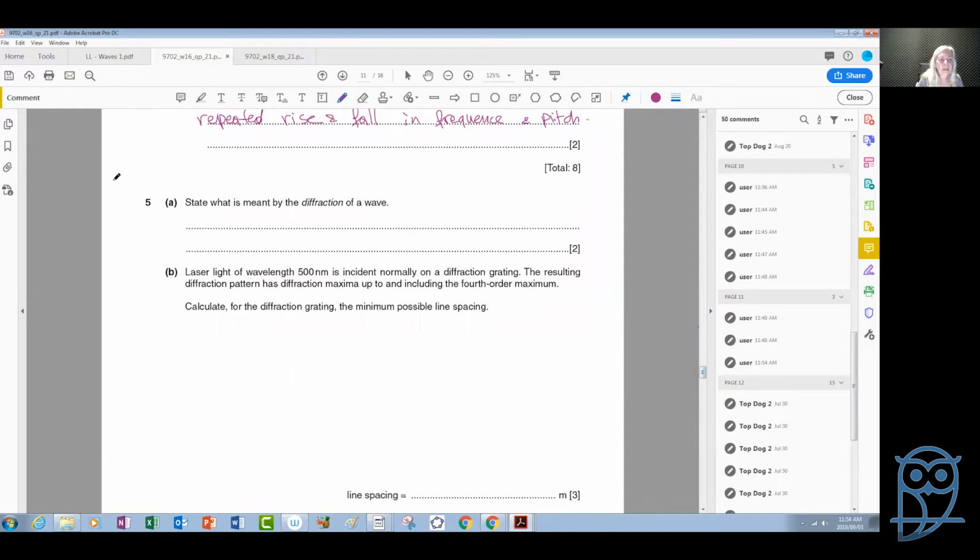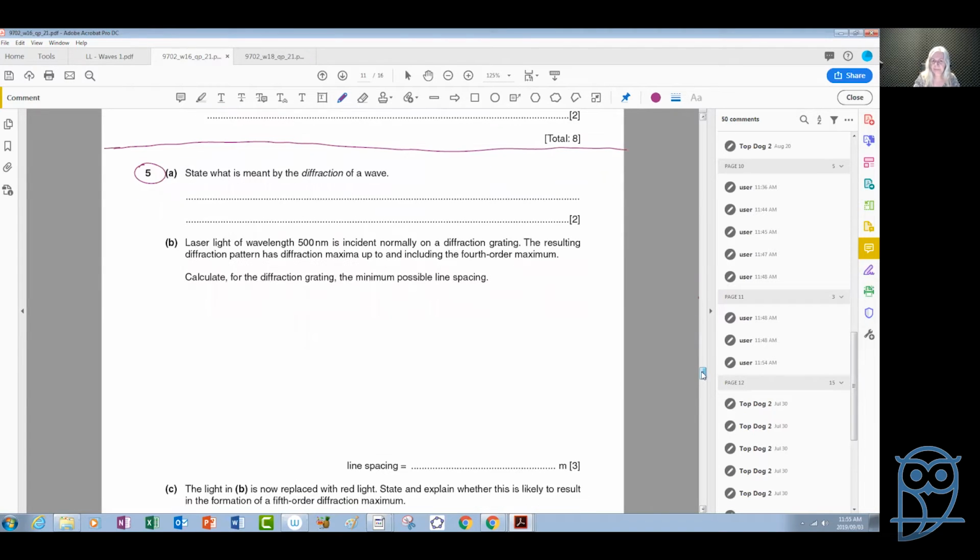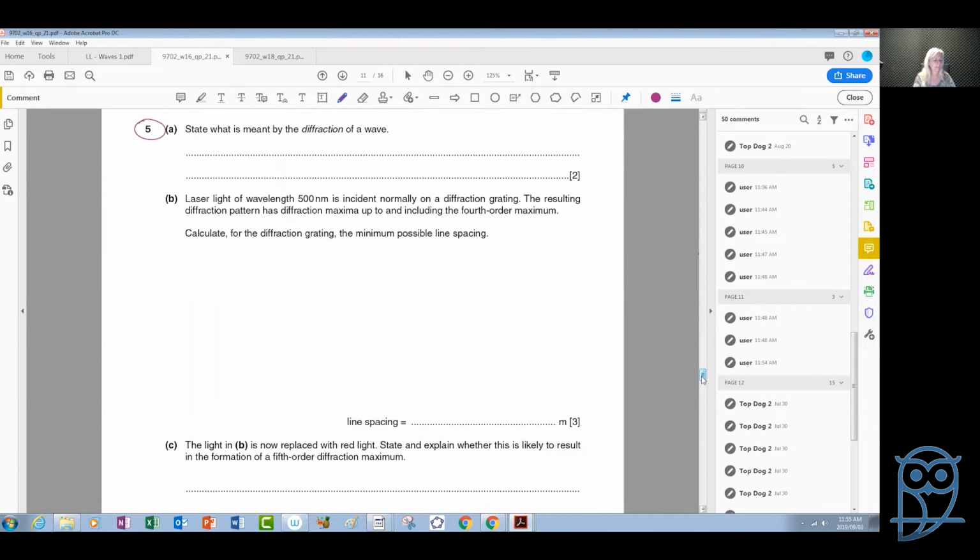So this is another problem now. Problem 5. It's on the same paper, but it's a different problem. Here we have a double slit experiment, or actually a diffraction grating, but it's very similar. Okay, let us start discussing this.